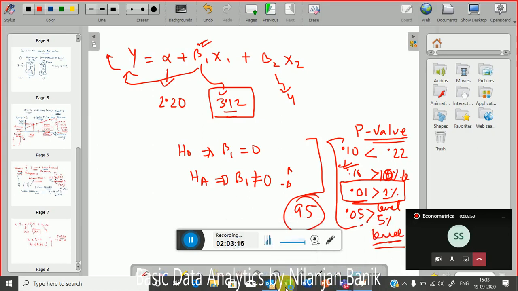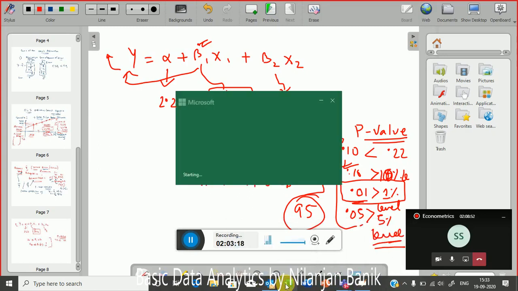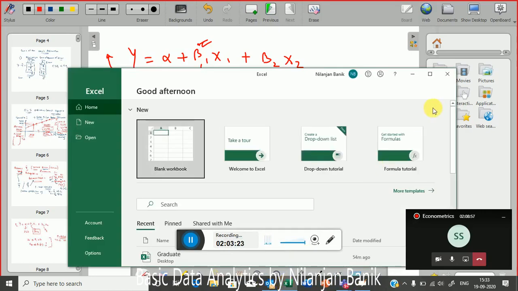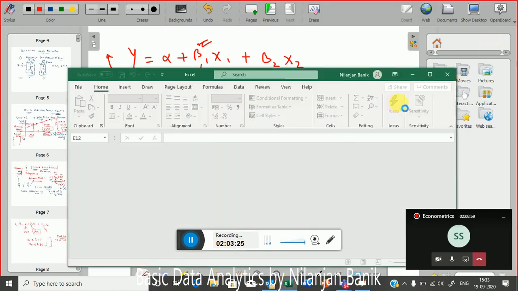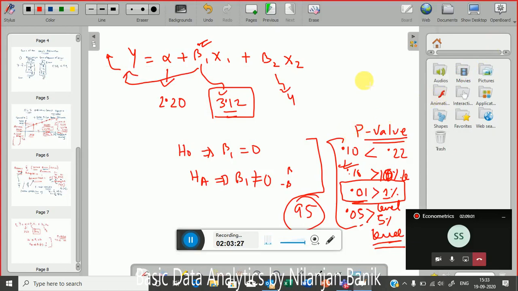Now open the file. If you open the file, you will see that we have calculated the p-value. The p-value comes automatically, and it is already given. On the basis of the p-value, you choose which of the variables is statistically significant. In the example that we did, you will find only, I think, square feet and lot size.